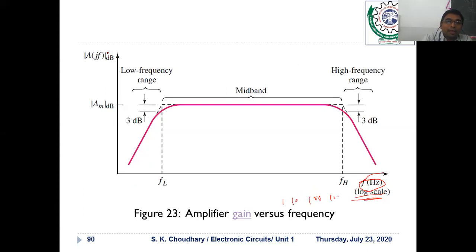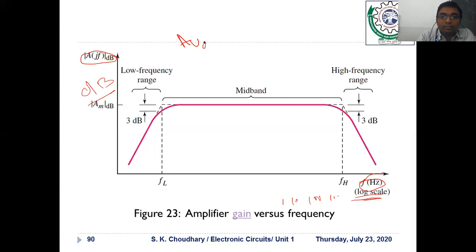Similarly, in the y-axis, what have we considered? We have considered the voltage gain here. There are different types of gain, current gain, power gain, but here we consider the voltage gain, because we are dealing with a voltage amplifier. But this voltage gain is in the decibel scale. Normal voltage gain we generally represent with AV.